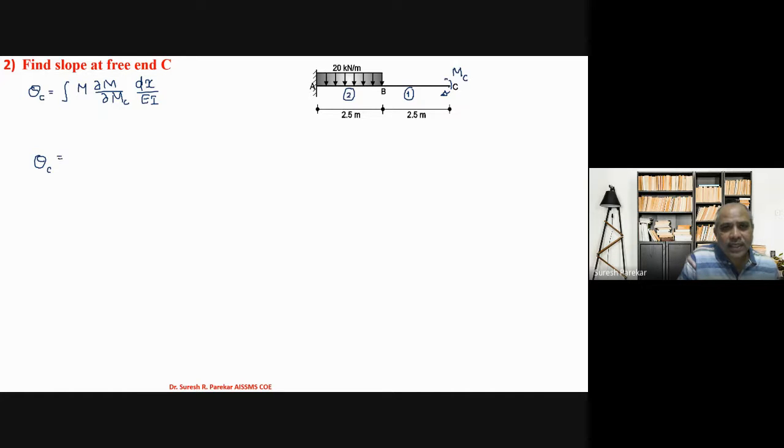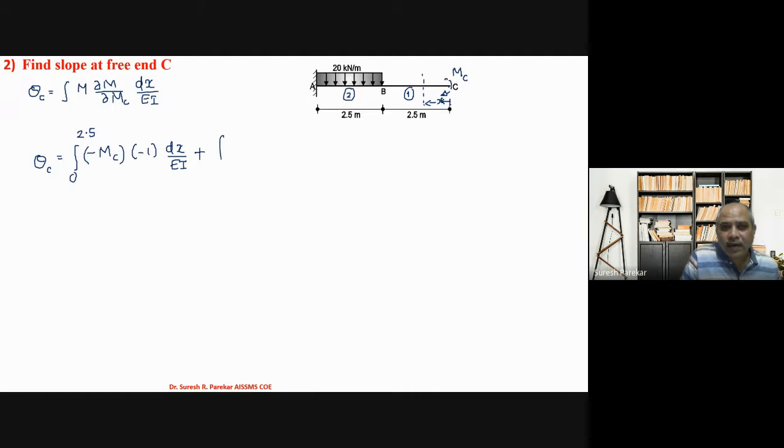Theta C is equal to integration 0 to 2.5, and we consider x over here, and from this we will get minus MC, this will be the value of M, and then dM by dMC is minus 1 into dx upon EI.